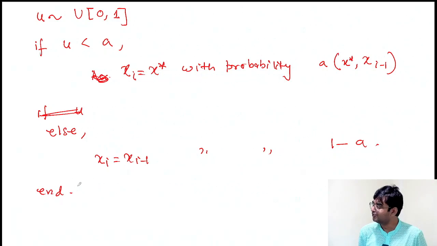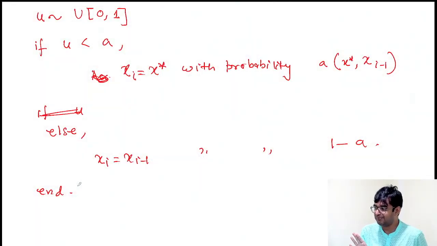U greater than 0.6, how many times will it happen? 0.4 times, right? So if you repeat this 100 times, how many times will your same sample be accepted? 60 times. That means the acceptance ratio is being respected.